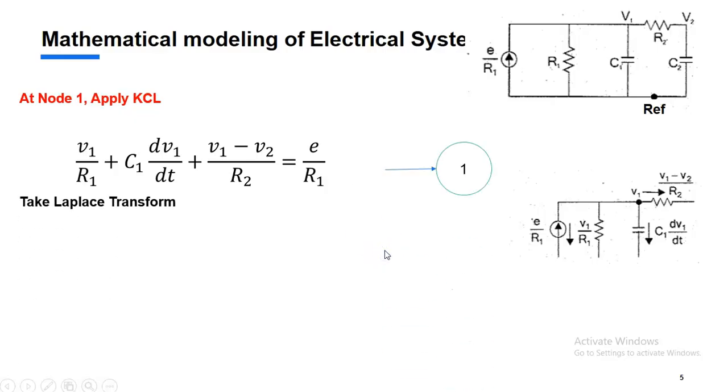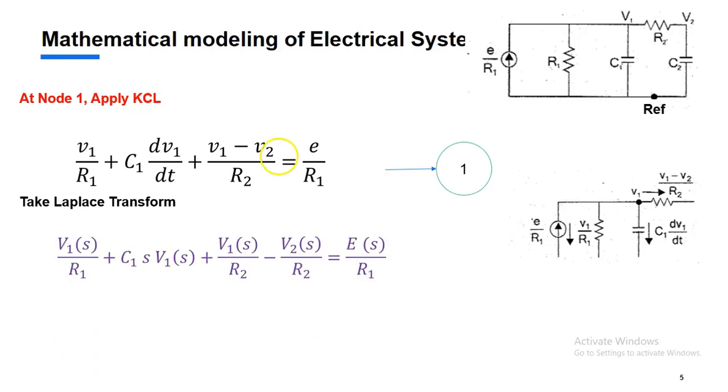This is equation 1. We have to take the Laplace transform. V1 is nothing but V1 of t. So V1 of t, if we take Laplace transform, it is V1 of s. R1 is constant. C into d by dt becomes s into V1 of s. Then V1 of s by R2 minus V2 of s by R2.